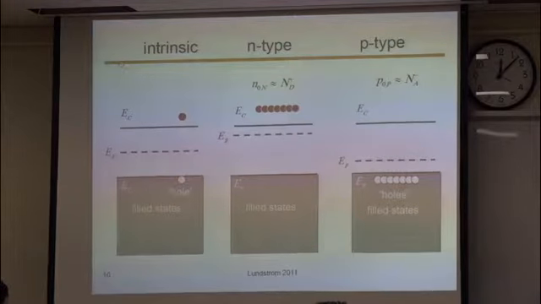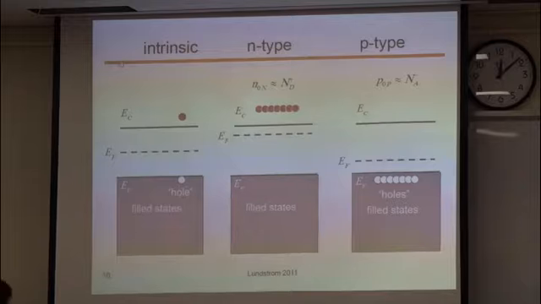The conduction band is the lowest energy level in which an electron cannot be found. The energy band gap is defined by the difference between EC and EV, which is the conduction band and the valence band. And EF means the Fermi level, which is present between the EC and EV.